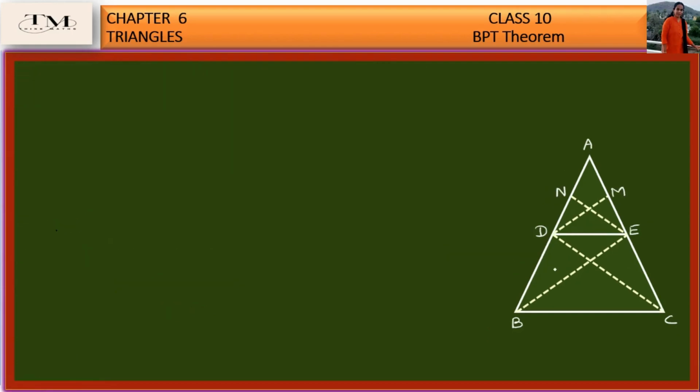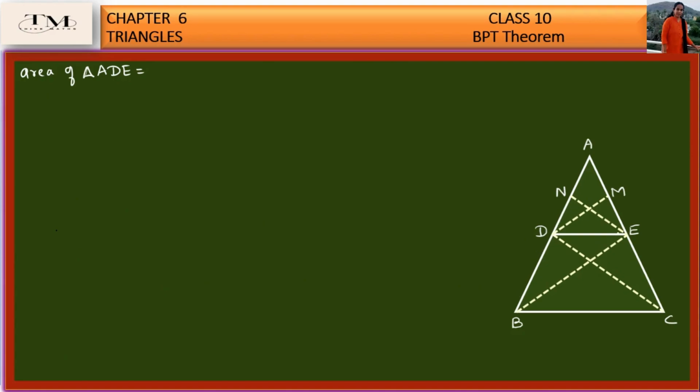These are the constructions we did. Now we are going to find the area of triangles. The first one is ADE. There are two perpendiculars for this triangle, EN and DM. First I am going to take the ratio for AD and DB.